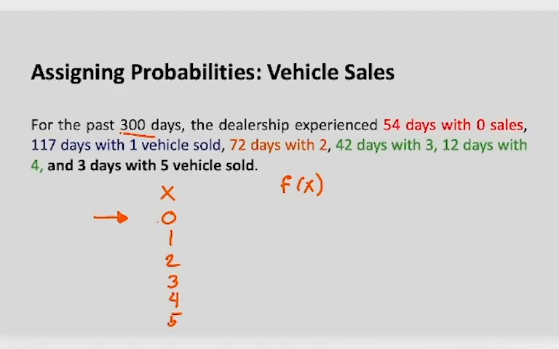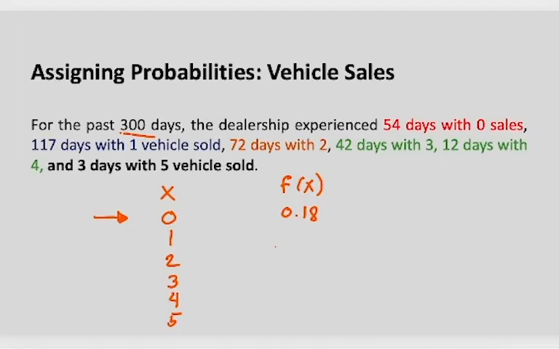So, for 0 car sales, 54 days divided by 300 days is equivalent to 0.18, and this probability will depend on the tolerance on the number of decimal places required. But for this particular example, we'll only be using 2 decimal places. For one vehicle sold, that is 117 days divided by the total number of days.